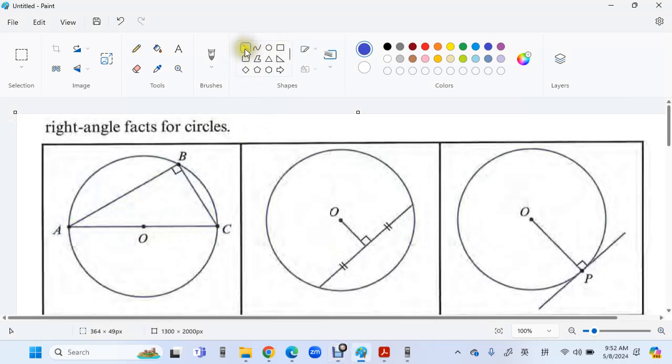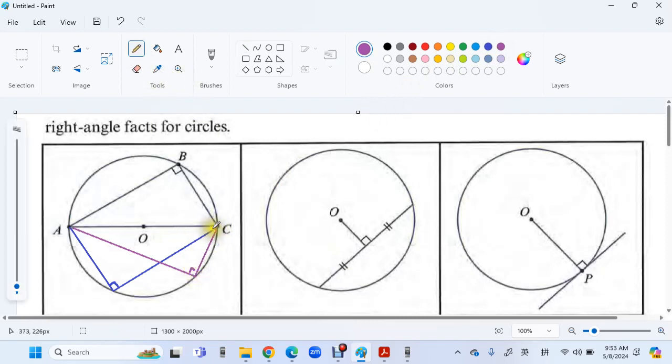From the diameter we go out to form a right triangle, and the other point falls on the circumference, then it will be a right angle triangle. As long as this one is a diameter, then when we connect this one to the circumference, for sure it is a right angle triangle.